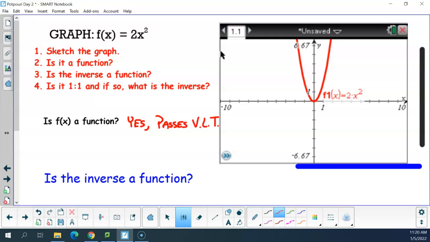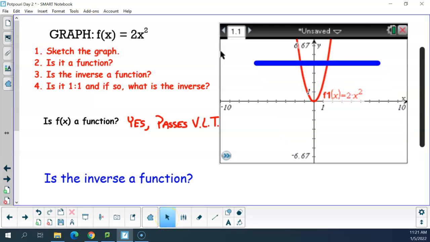Is the inverse of this a function? No. Why not? It does not pass the horizontal line test. If I take my horizontal line, there it is, and it fails there and there.